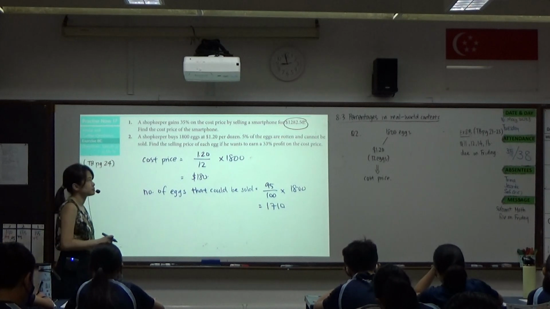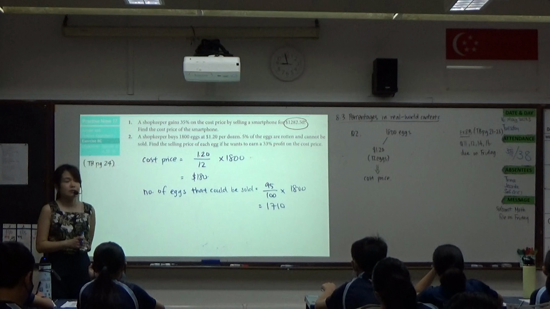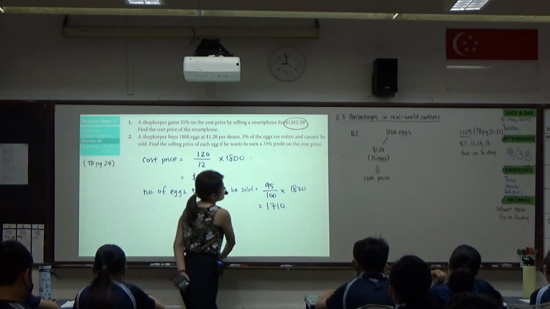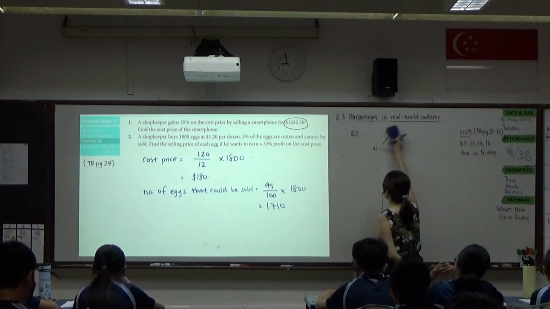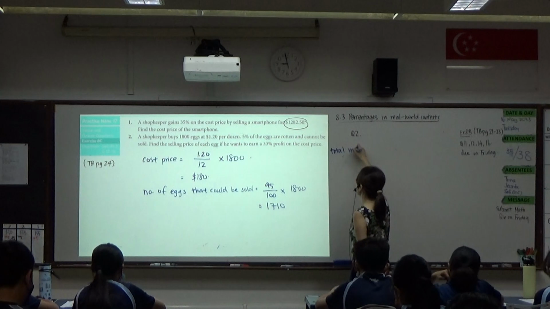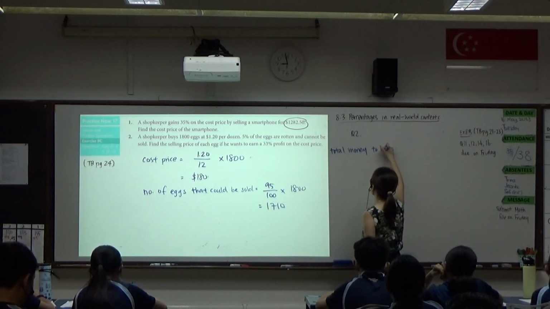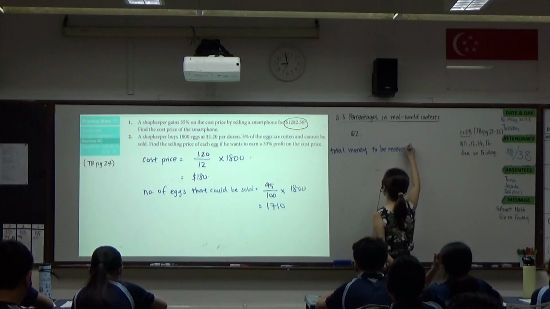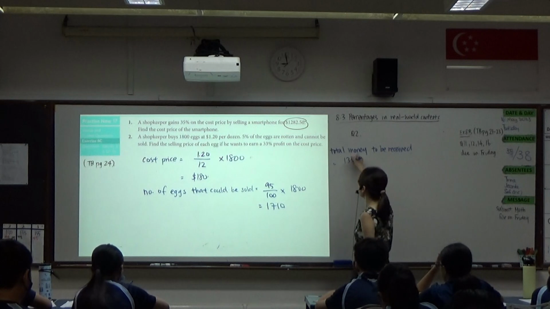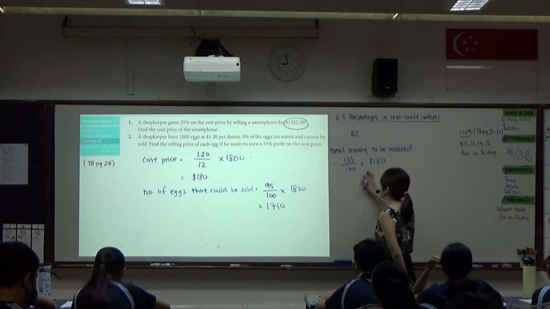Now because you want to earn a 33% profit on the cost price, that means the total money that he wished to receive will have to be 133% of your cost price, $180.